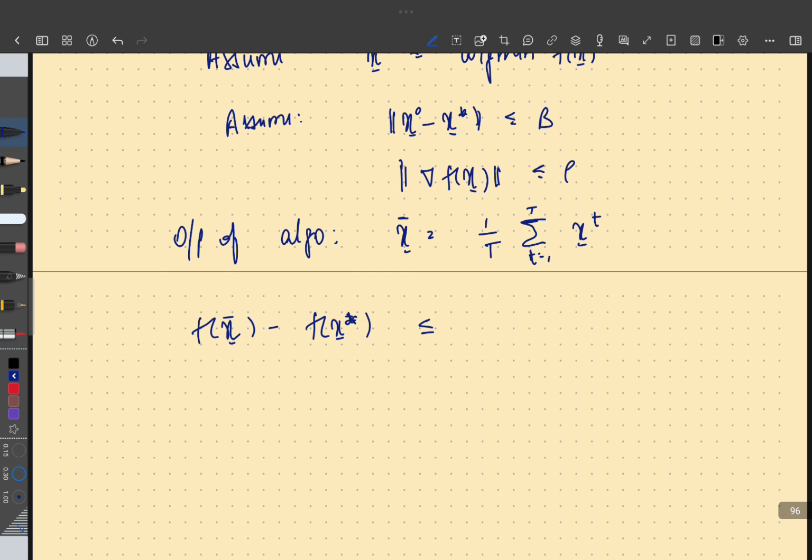So it's an average of some vectors, which can also be interpreted as an expectation of a random vector with respect to a uniform distribution. So using Jensen's inequality, this is less than or equal to 1 by t summation little t equal to 1 to capital T f of x_t minus f of x star.